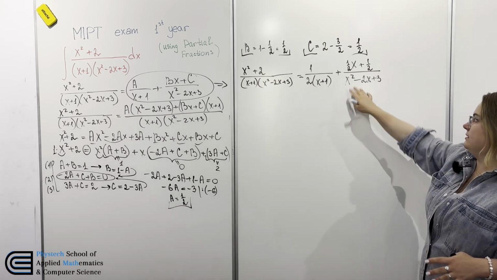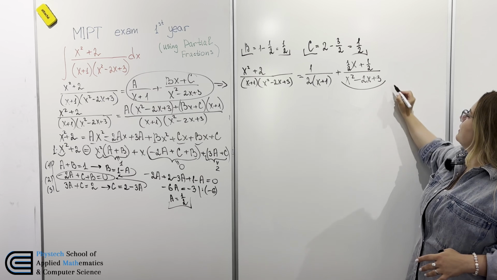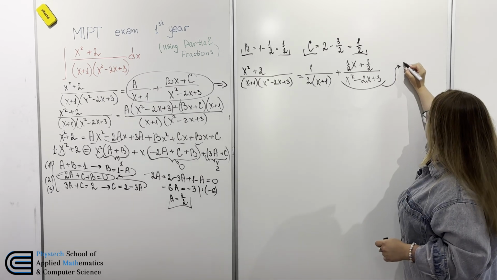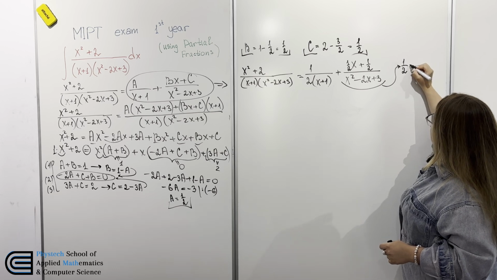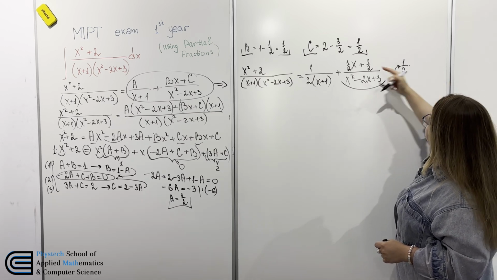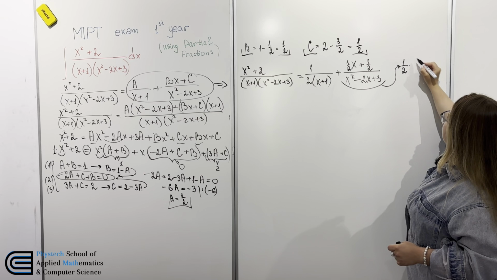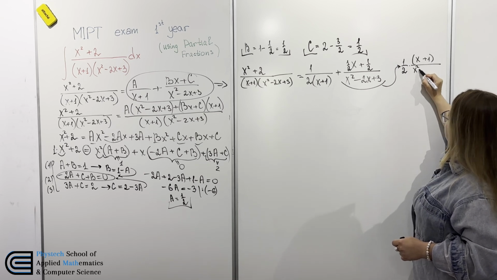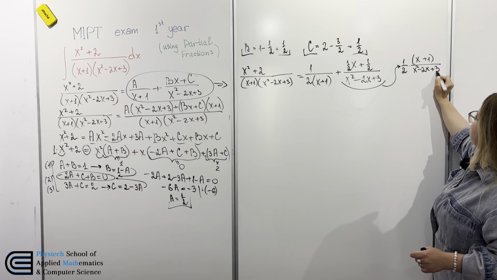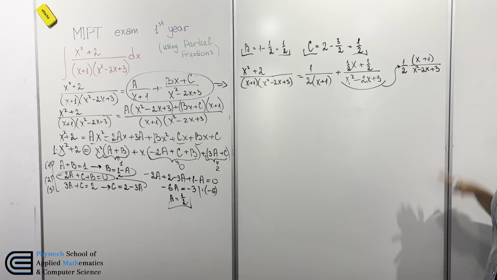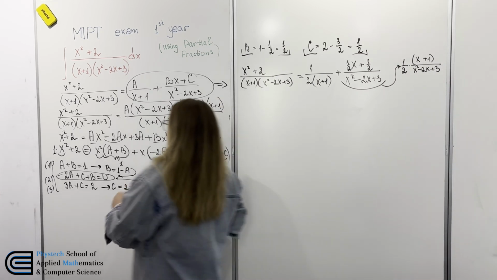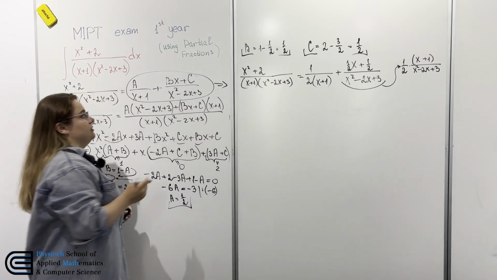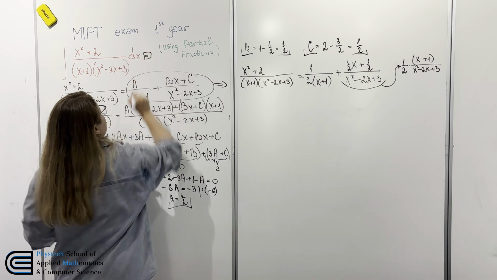And here I can write it a little bit more nicely: 1 divided by 2 multiplied by 1 over x plus 1 plus (x plus 1) over (x squared minus 2x plus 3). So now we finally can solve our integral. Let's do it.